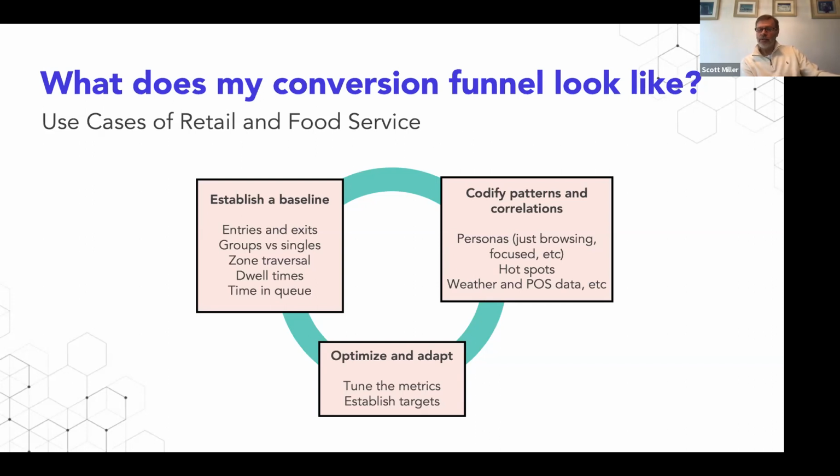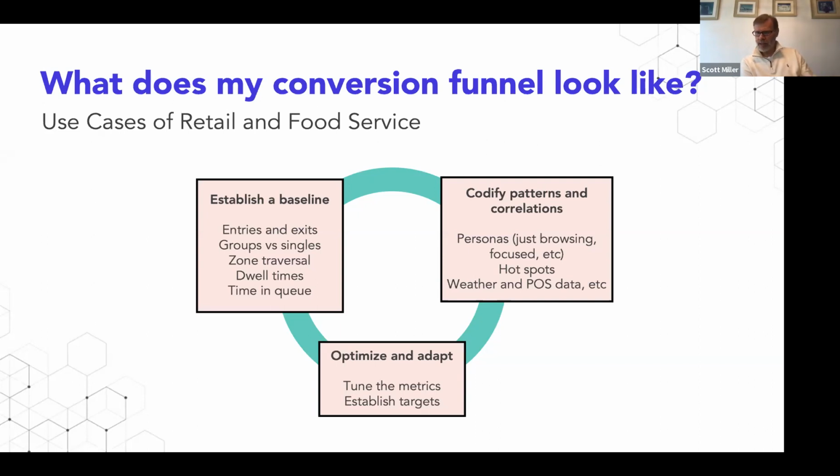Maybe equally interesting, if I look at the proximity of those people to each other, I can make some pretty good guesses as to groups versus singles. Do I have families coming into the store? Do I have individual buyers coming into the store? That's super useful. I can look at zone traversal.